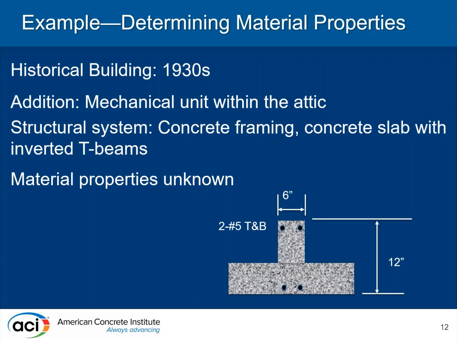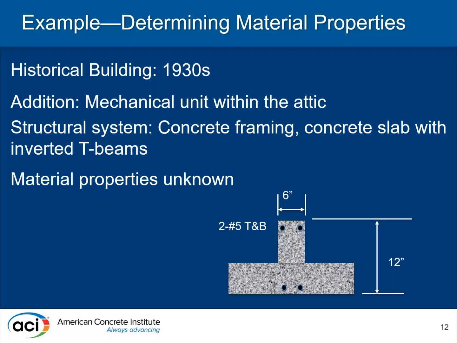The first example we'll discuss, and again, acknowledgement to ACI for providing the examples, is in determining material properties for concrete structures in accordance with the code. This particular example is for a historical building set in the 1930s. What is being evaluated is the addition of a mechanical unit within the attic. The structural system is concrete framing, concrete slab with inverted T-beams.